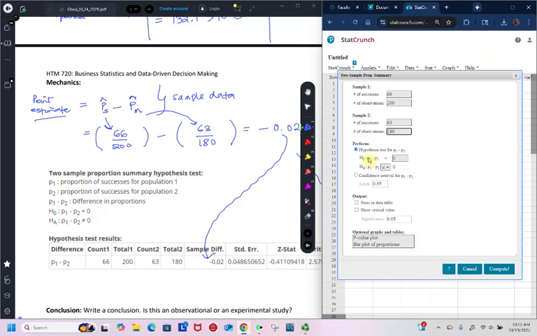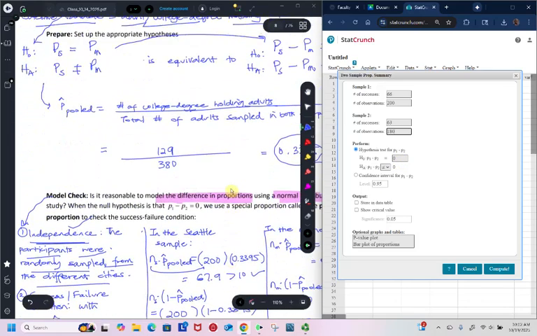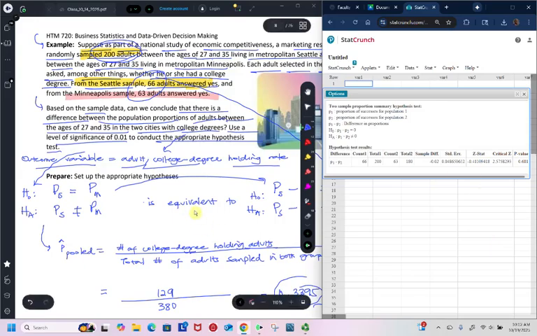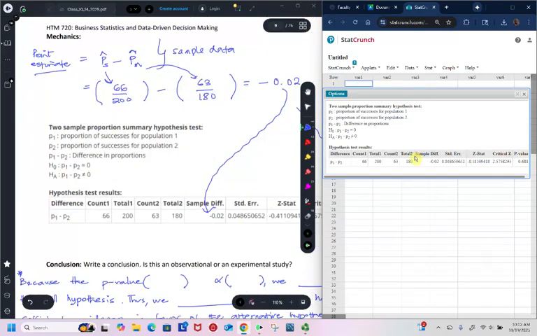And we want hypothesis test for the difference, either equal to 0 or not equal to 0. And let's see, what level of significance are we using? 0.01. So I'm going to change this. I'm going to click on critical value and also change this to 0.01 and click on compute. And so I will have this result, which I've copied onto our notes.